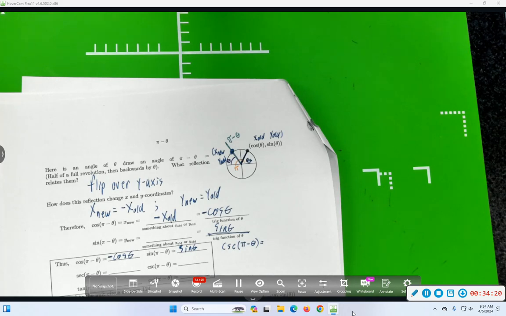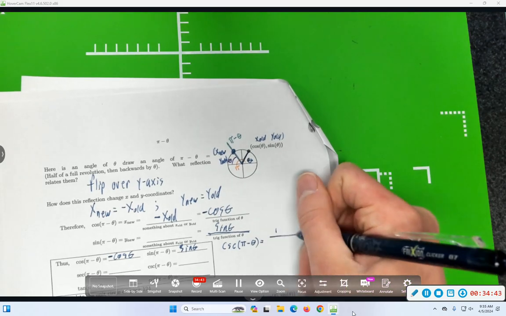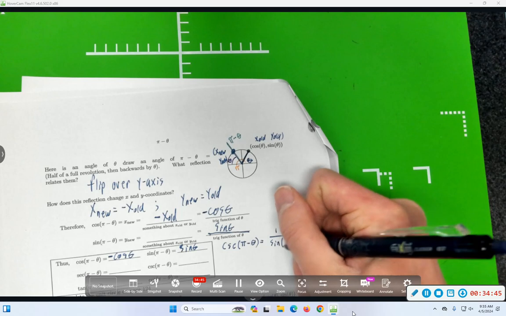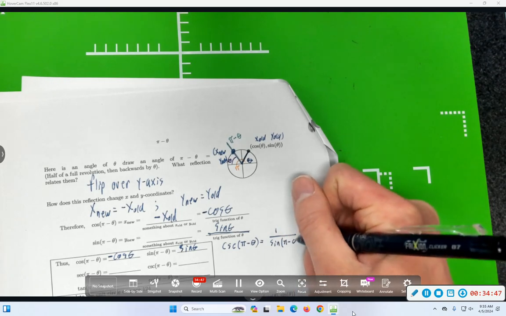All right, I think I saw half a vote for sine and cosine, so let's do that. What is cosecant in terms of sine and cosine? It's 1 over sine. So this will be 1 over sine of pi minus theta.